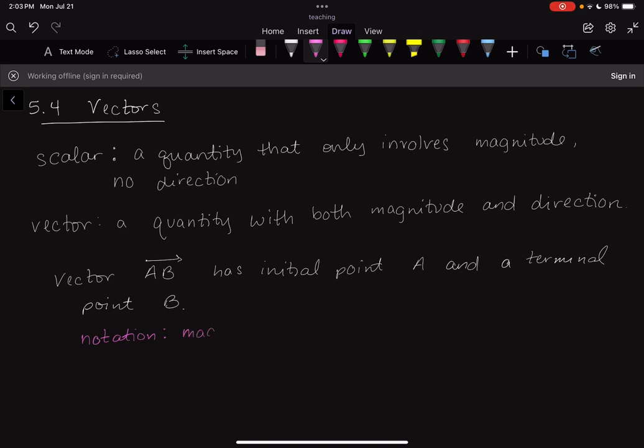The magnitude of a vector AB would be written like this. You basically put absolute value bars, and that would mean the magnitude. And we'll talk a little further about what magnitude will mean.